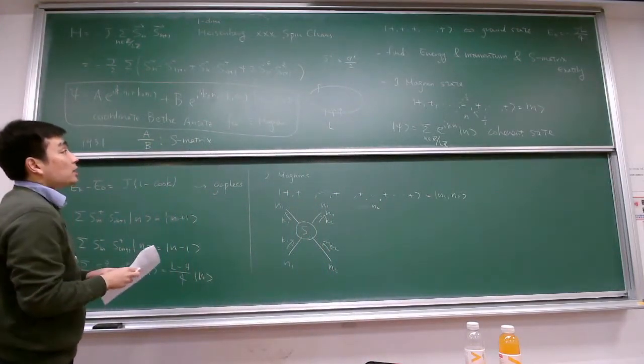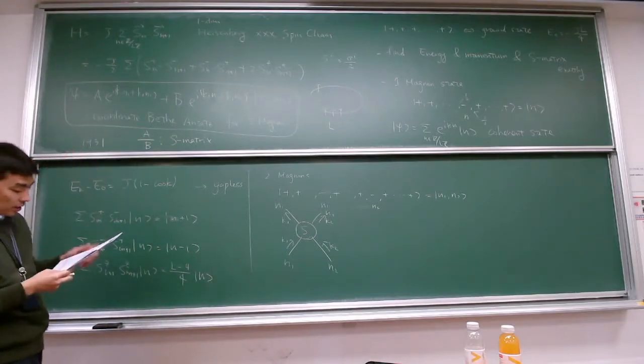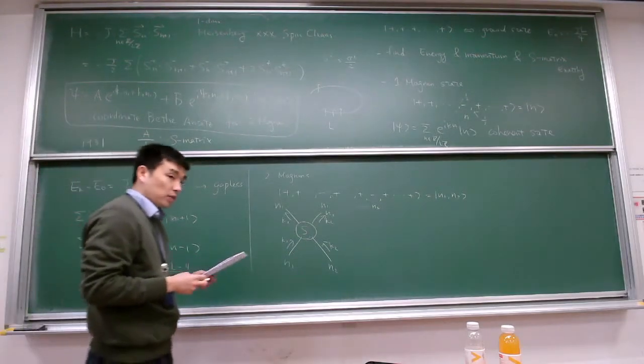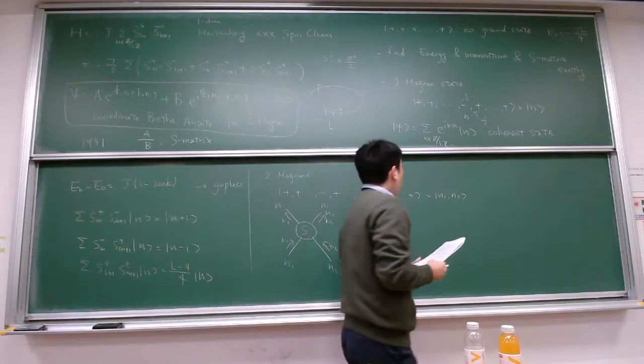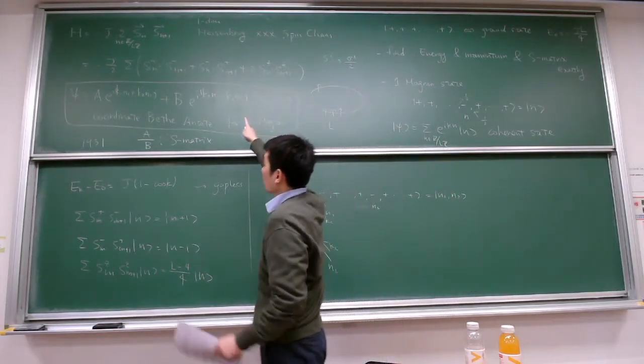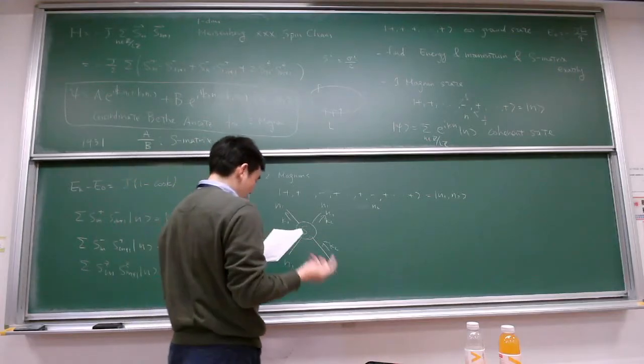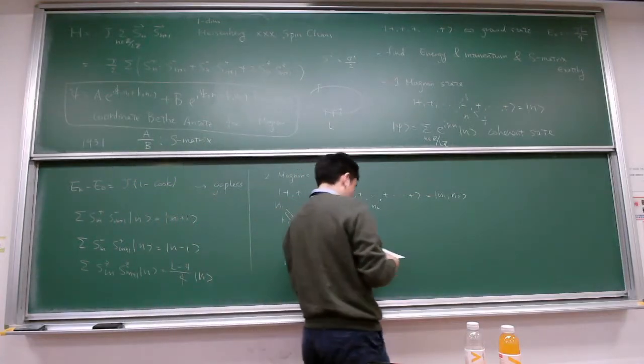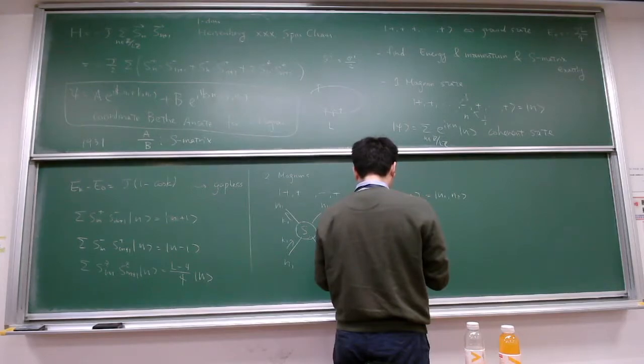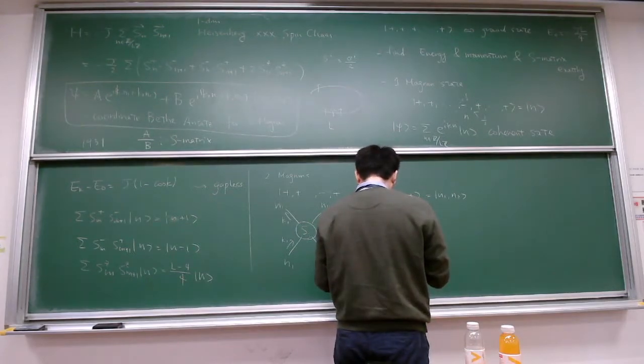And so last time we applied this Hamiltonian on this two-magnon coordinate Bethe ansatz wave function, and what we found is two sets of solutions.